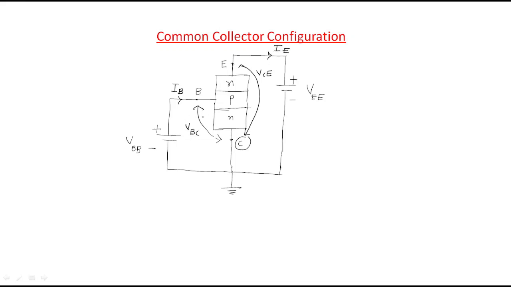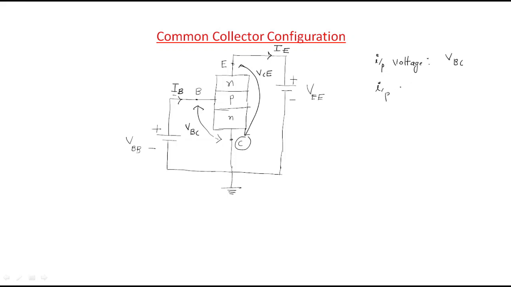We are giving the input voltage as VBC and it takes the input current IB. The output voltage is VCE and the output current is IE. Just note down these things. First, input voltage is VBC.